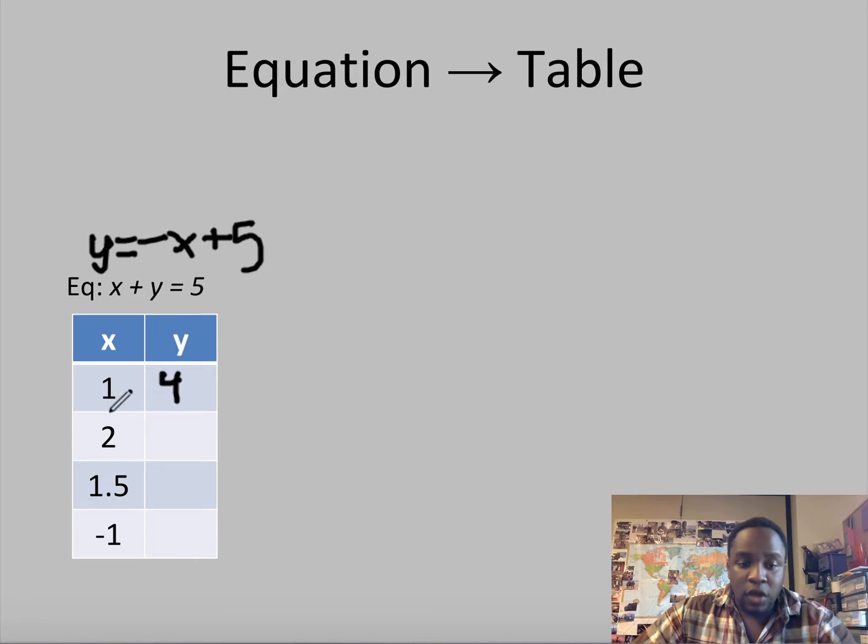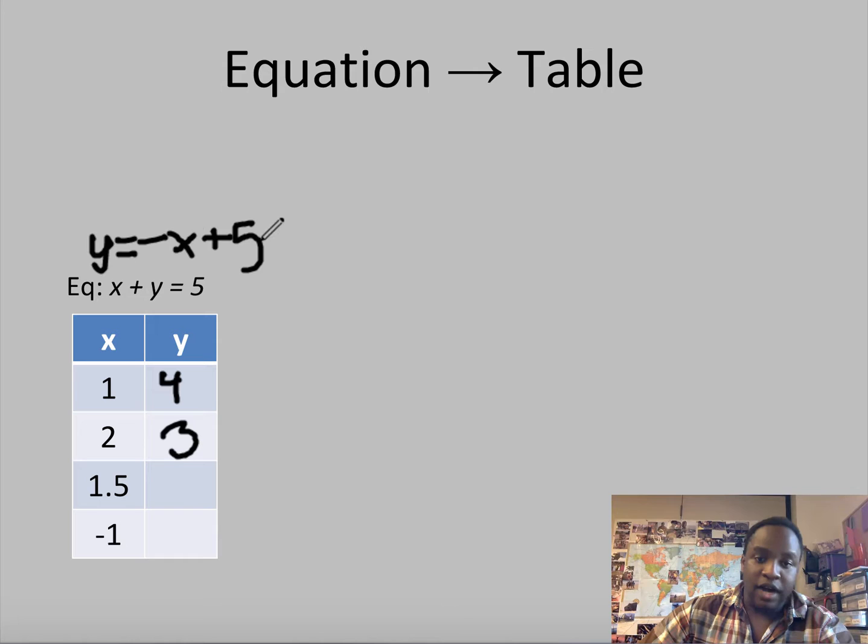All right? So if x is 2, then it's going to be negative 2 plus 5, and negative 2 plus 5 is 3. Negative 1.5 plus 5 is 3.5. And negative of negative 1 would be turned into a positive 1, so 1 plus 5 is 6.